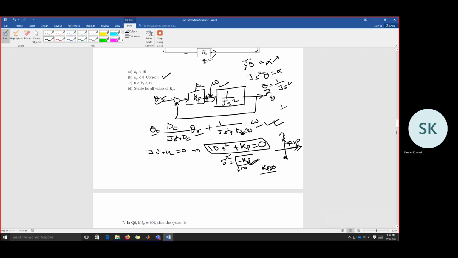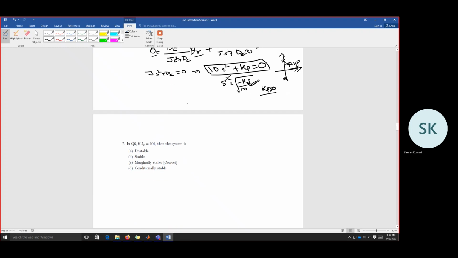Okay. So Kp greater than 0, you have this, and if Kp is less than 0, we have s square equal to minus Kp, so this will be some positive term P dash by 10, and we have the root of this one.